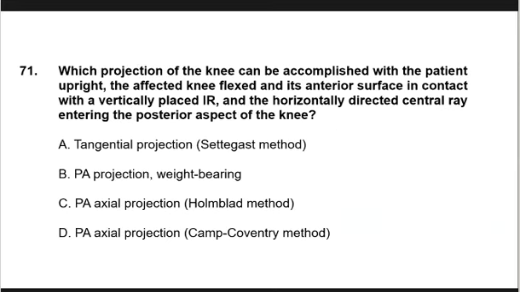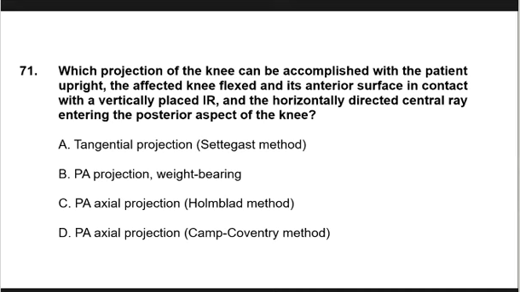Next number, which projection of the knee can be accomplished with the patient upright, the affected knee flexed, and each anterior surface in contact with a vertically placed image receptor and horizontally directed central ray entering the posterior aspect of the knee?